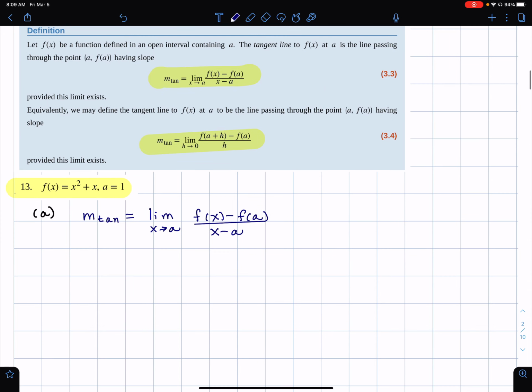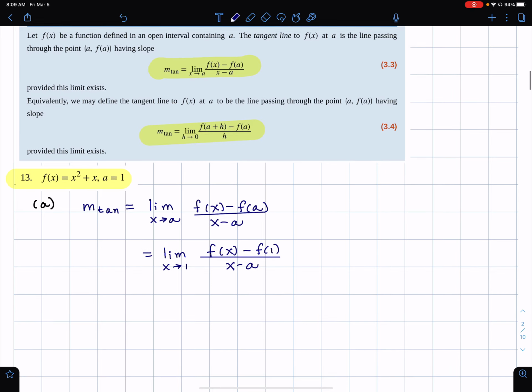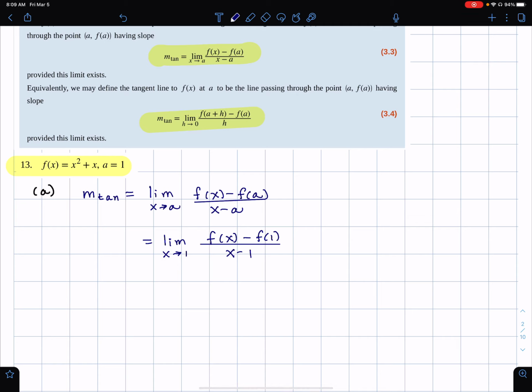And in this case, a is equal to 1, so I'll replace a by 1. And then f of x is x squared plus x. So I could replace that also at the same time, but I'll do that on the line below. So I have the limit as x approaches 1 of x squared plus x minus 1 squared plus 1, and then divide by x minus 1.